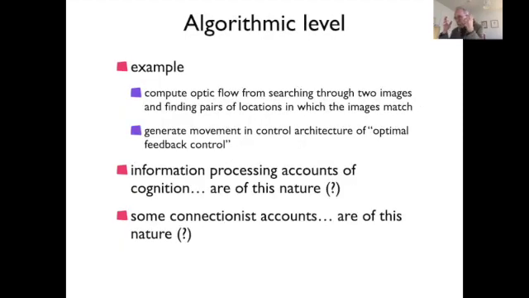This same notion of computation is also prevalent at the so-called algorithmic level. The algorithmic level in Marr's conception was an idea of how you could concretely achieve that computation, more specifically as a process of how you could actually bring it about.